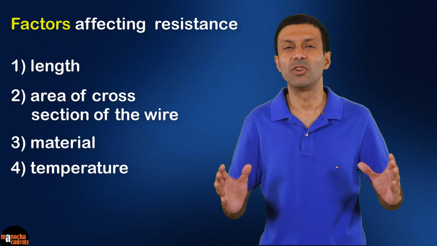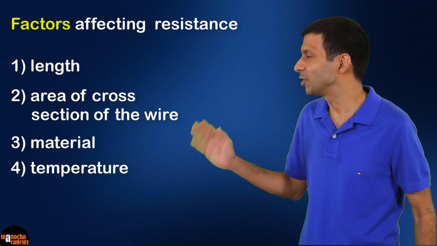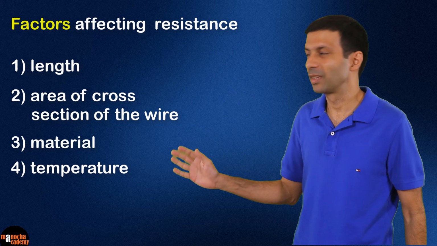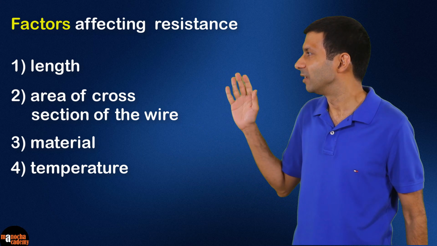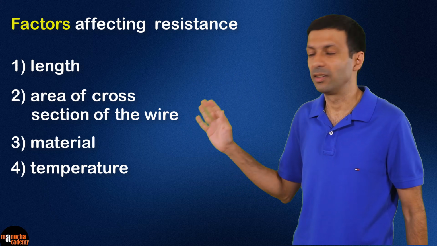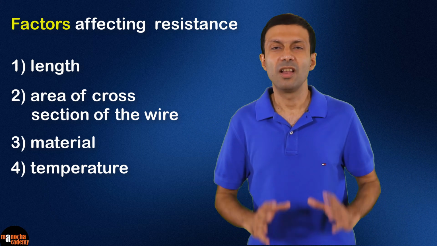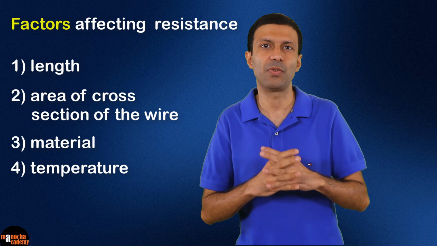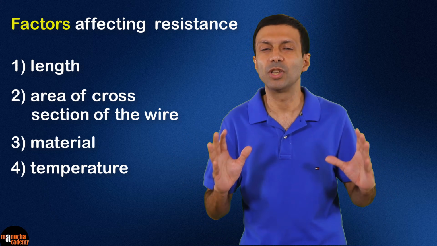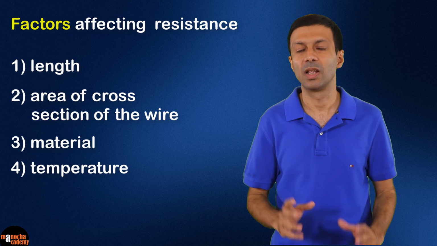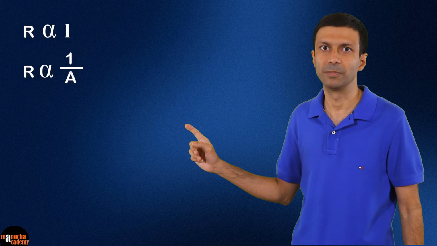As we saw, the resistance of a conductor depends on these four factors: the length of the wire, the area of cross section, the material and temperature of the wire. Now let's see how we can combine these factors to get a formula for the resistance of the wire. We know that resistance is directly proportional to the length of the wire, and resistance is inversely proportional to the area of cross section.